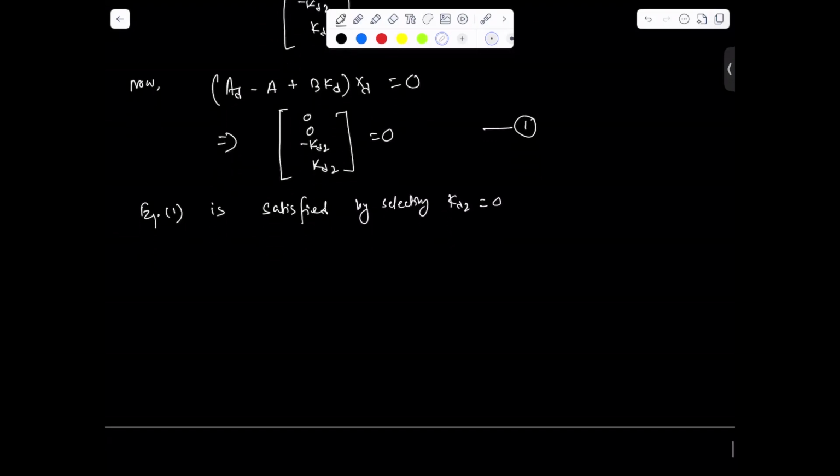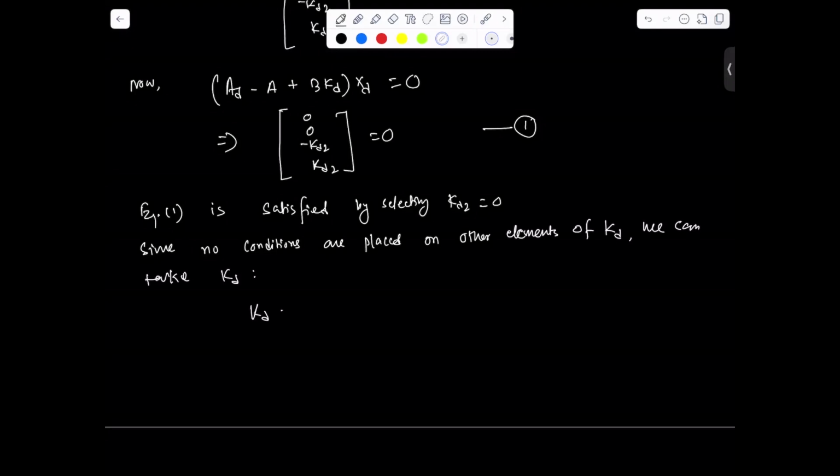In this case, since no conditions are placed on other elements of the KD vector, we can take KD equal to 0, 0, 0, 0. Right, this is what we have.